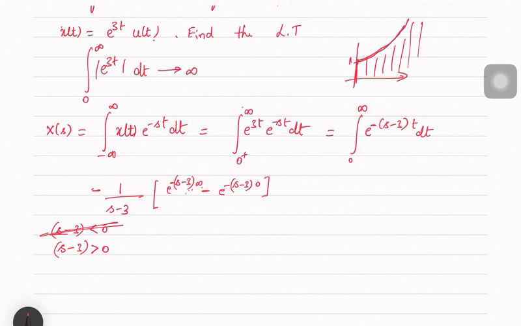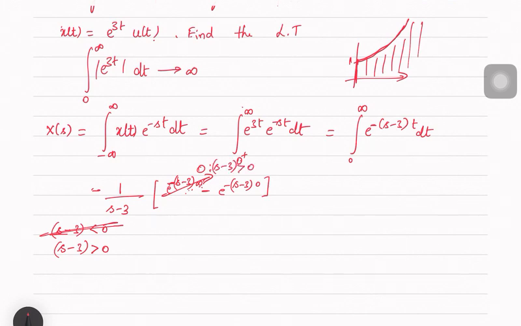So s minus 3 has to be greater than 0 for this integral to exist. If s minus 3 is greater than 0, then minus of (s minus 3) into infinity will be minus infinity, and e power minus infinity will be 0. So this will go to 0 provided s minus 3 is greater than 0.